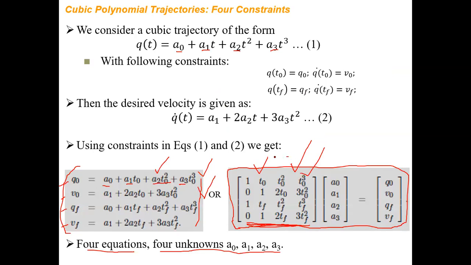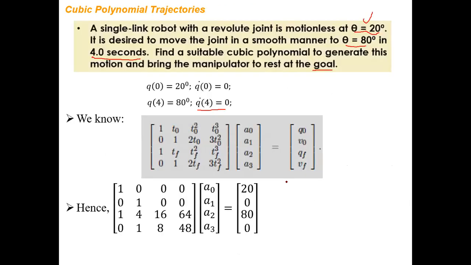You have to simply plug in the values of T0, Q0, V0, QF, and VF, and TF. You need to plug in the values of these parameters, then you get this.